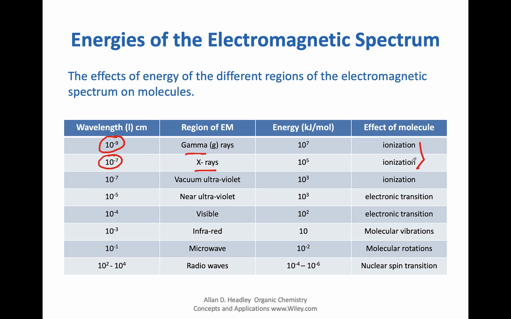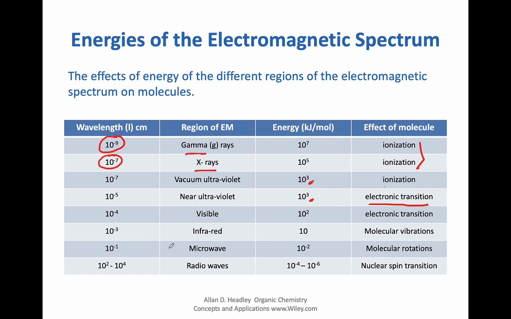Ionization of molecules, that means it breaks the molecules apart. Here is the ultraviolet, a little longer, and there's some ionization, but mostly electronic transition. So we'll look mostly at that in a special type of spectroscopy that we'll look at shortly.